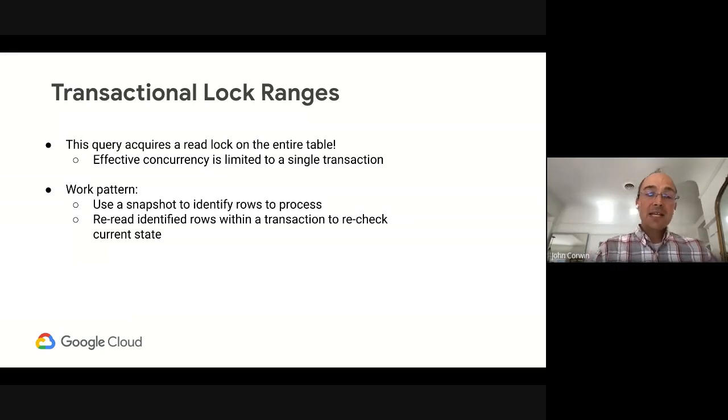And then once I've identified a set of rows, I can reread these rows within a transaction to recheck the current state, make sure that I still want to process them, right, to avoid any kind of concurrency problems or problems with different workers processing the same row multiple times. And then finally, in that transaction, if I've identified that it should be reprocessed, then I can make the change that I need to do.